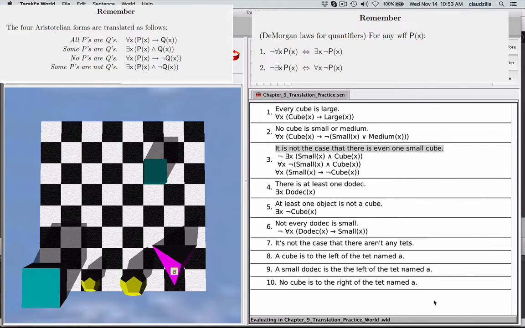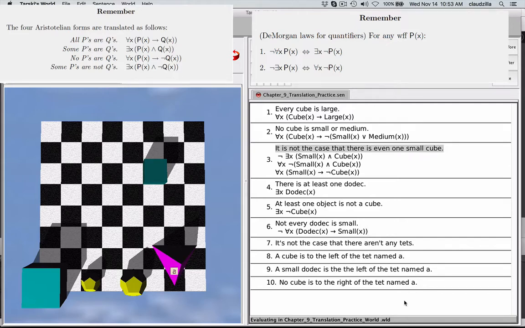So let's read that translation back. It is not the case that for every thing dodeck, that dodeck is small, or it is not the case that for every x, if x is a dodeck, x is small.